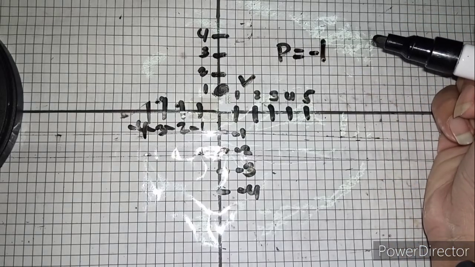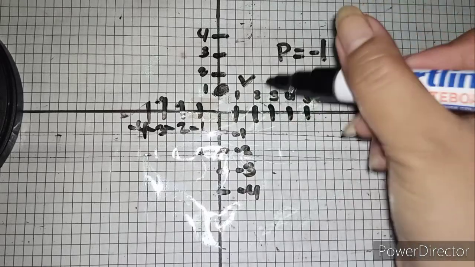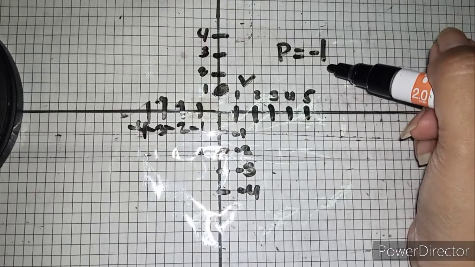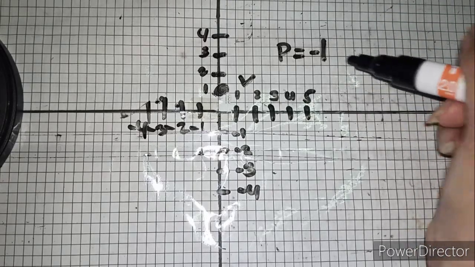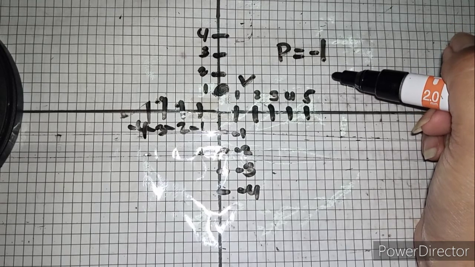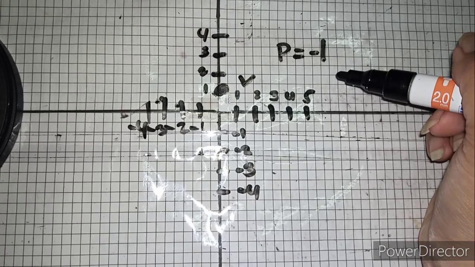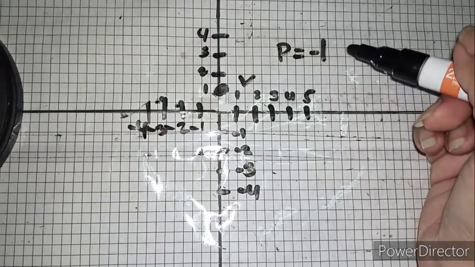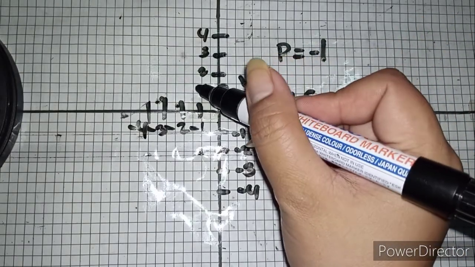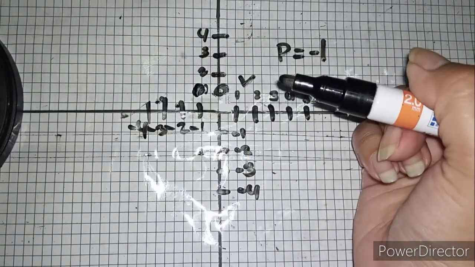Since ang opening ng ating parabola ay pakaliwa, kaliwa din yung ating focus. So, ganun ulit, katulad sa ginawa natin kanina, yung value ng p natin, yun yung distance noong vertex going to focus and vertex going to the directrix. So, let's count na ngayon using this. So, 1, from vertex, punta daw tayo ng kaliwa ng isang beses. So, nandito yung ating focus.